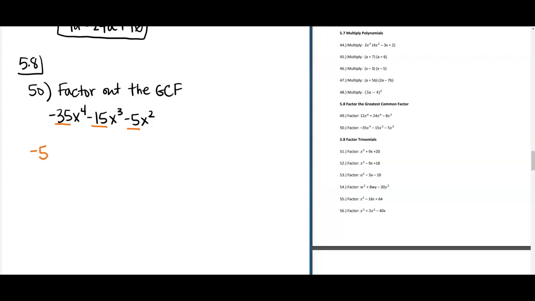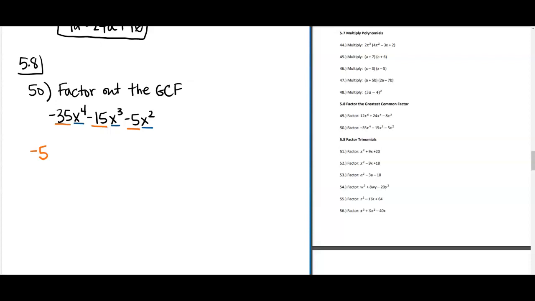Now we've got to look at the variables, the x's here. What's the greatest common factor of x to the fourth, x to the third, and x squared? x squared is going to be our answer.